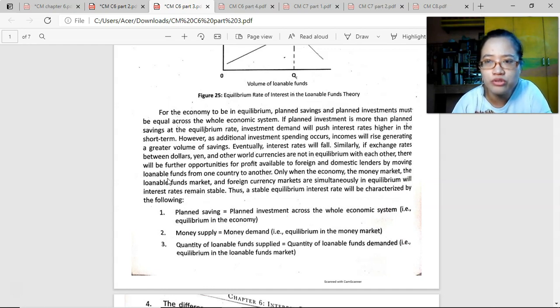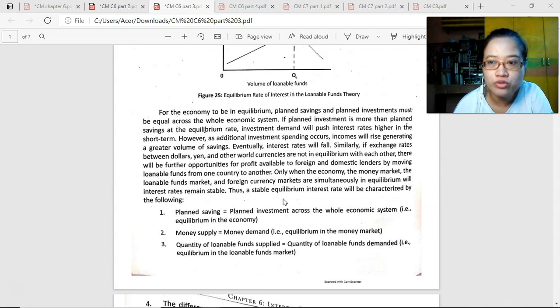And foreign investors could provide funding for local businesses. Okay? Only when the economy, the money market, the loanable funds market, and foreign currency markets are simultaneously in equilibrium will interest rates remain stable. But in reality, kind of hard to achieve.